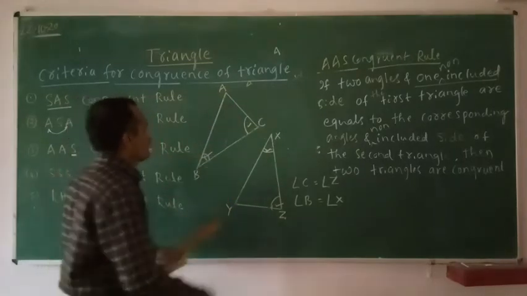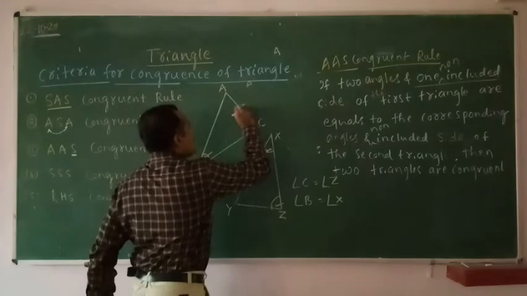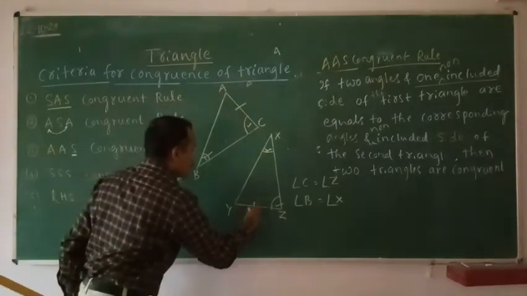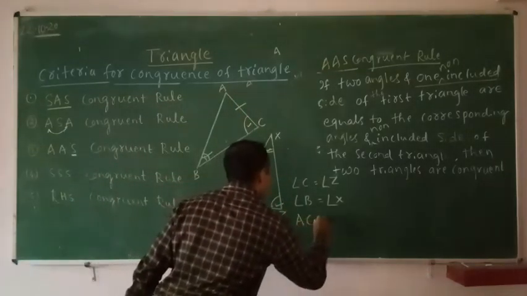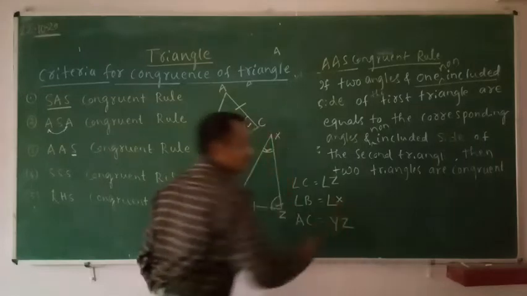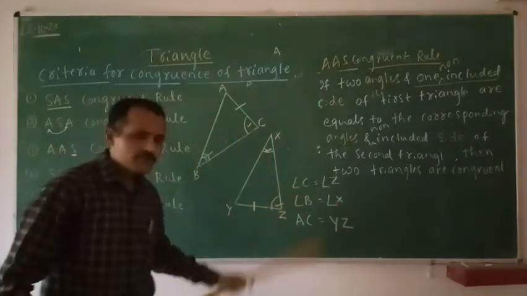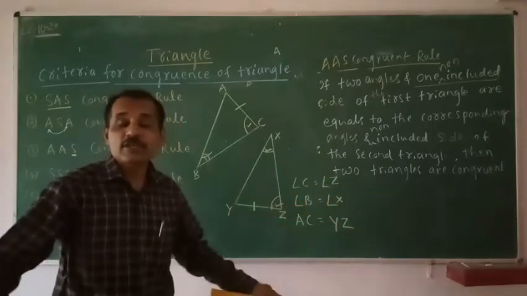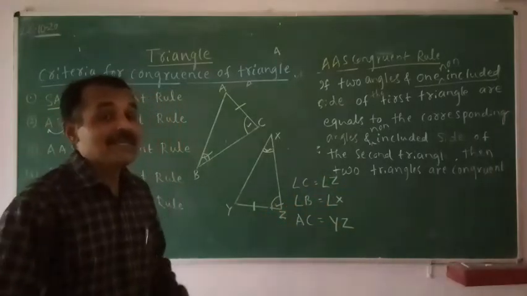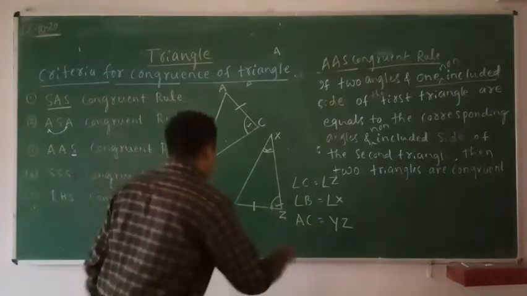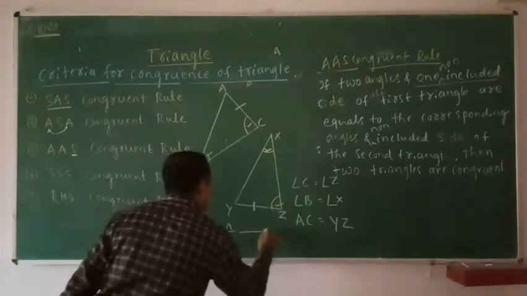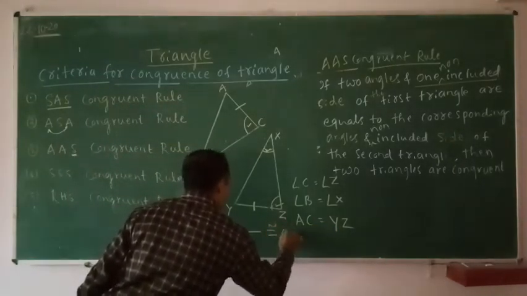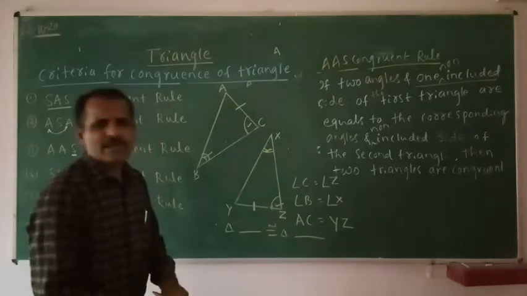I will take AC is equal to YZ. Three things from the first triangle, three things from the second triangle are equal to each other, and you can say definitely the triangles are congruent. Therefore, triangle dash is congruent to triangle dash. Very simple. Two angles are given.